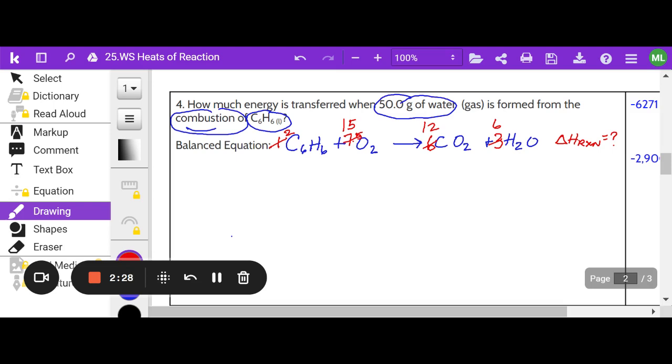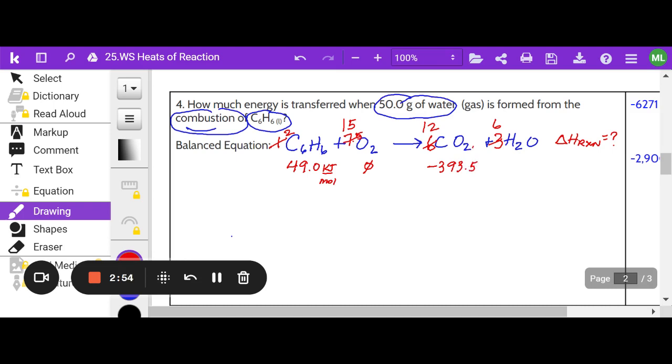Okay, so you take all those values and you will write them right underneath. So you have 49.0, and the units are kilojoules per mole. This is 0 heat of formation. CO2 is negative 393.5.